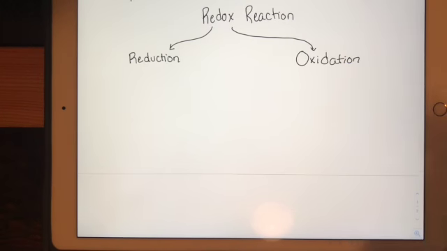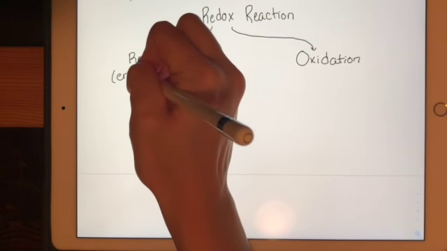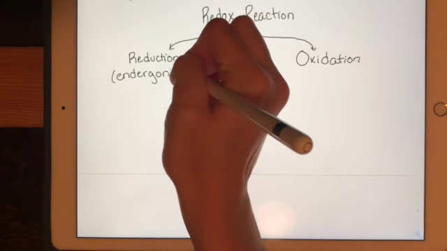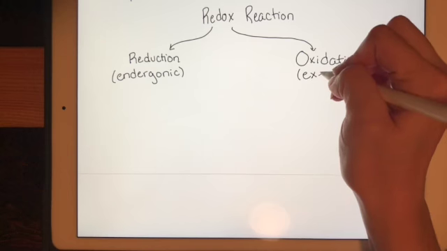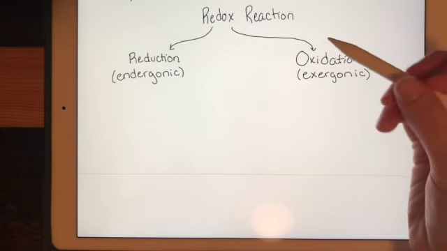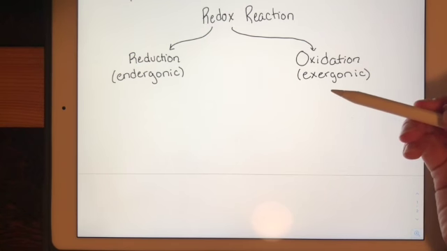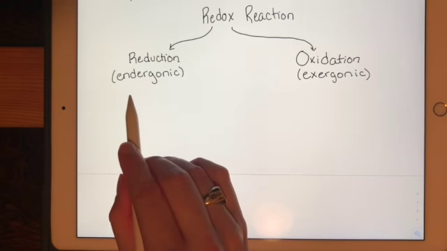The reduction reaction is what is endergonic, meaning it requires the energy. Oxidation is exergonic. So you can pair these together and have the energy that's released through oxidation be used to power the reduction.